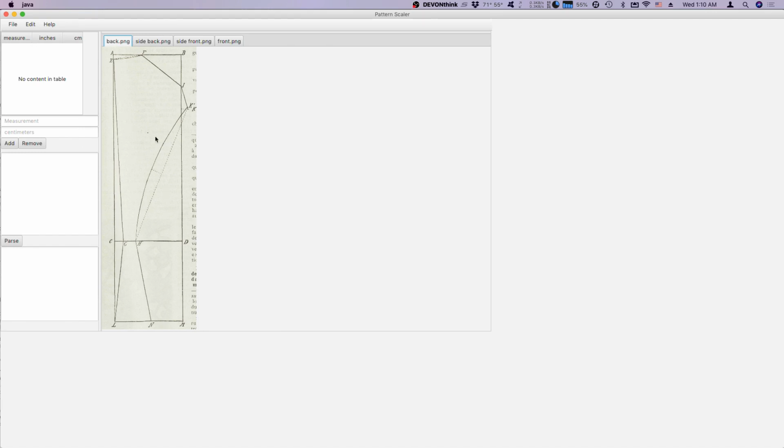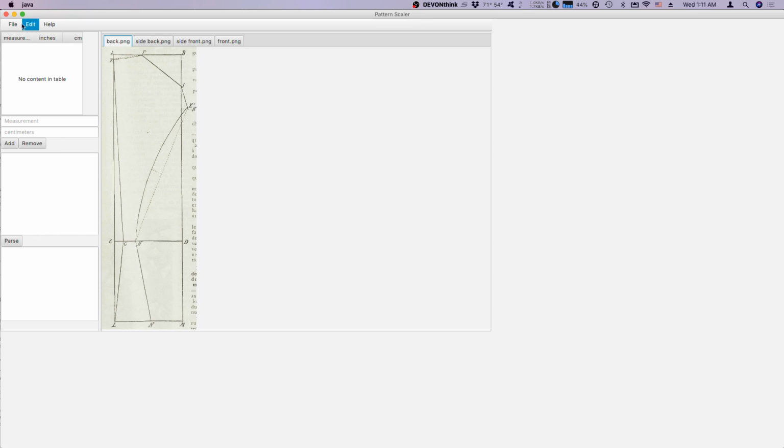What this essentially allows me to do is dynamically scale the pattern according to fixed measurements. And for this particular pattern, I know that I through k prime is equal to 5 centimeters.